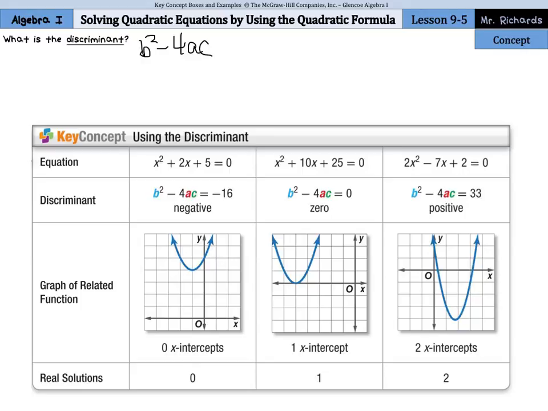So if b squared minus 4ac cranks out a negative number, there will be no x-intercepts, which means there's no real solutions. If it equals 0, that means it is going to be on the x-axis, with one x-intercept and one real solution. If it's a positive number, there'll be two x-intercepts and two real solutions.